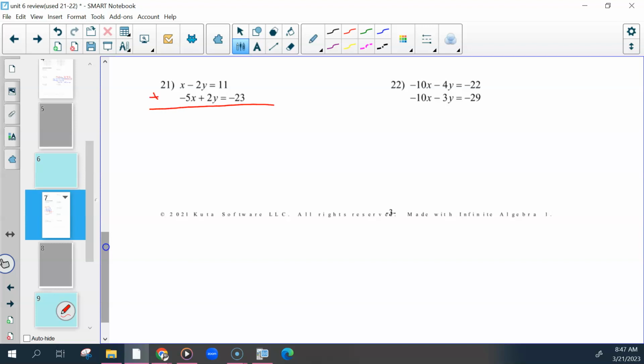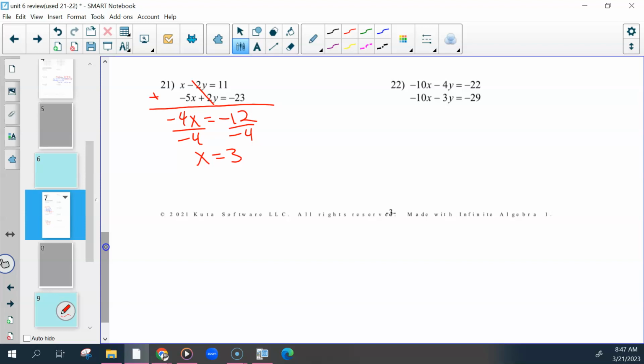So then add them together. 1x plus a negative 5x will give us a negative 4x. The y's would cancel. 11 plus a negative 23 would be what? Someone said it, but I didn't hear it. And then divide, solve for x.